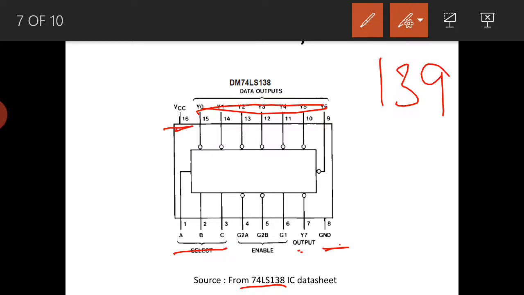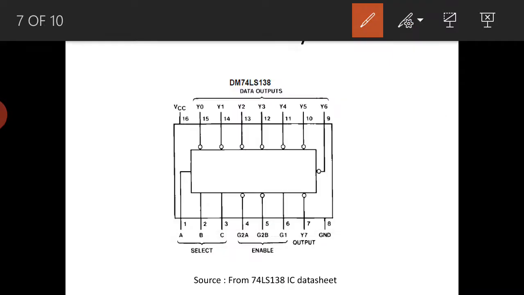Okay, so now one more difference here compared to the 2 to 4. VCC and ground pins are one only, but the enable signals here, what we are observing is 3 enable signals. 2 are active low and 1 is active high, means G1 is active high, we should give it 1, and G2A and G2B we should give 0.